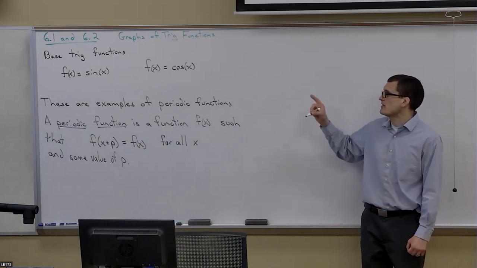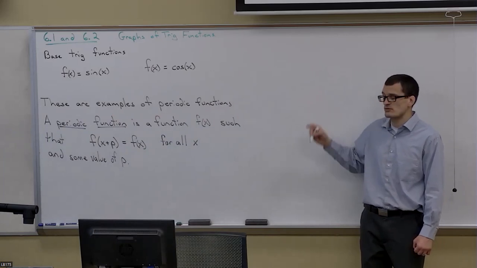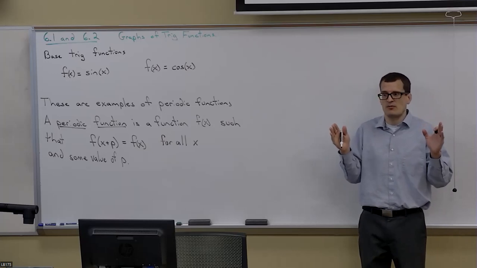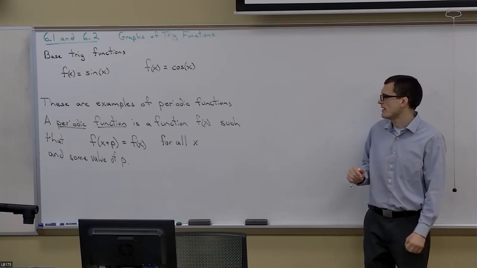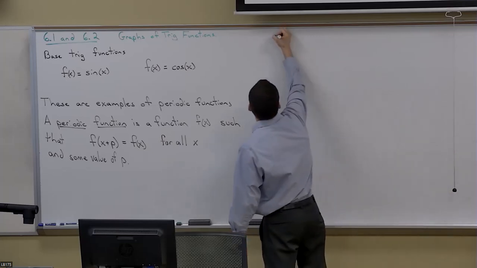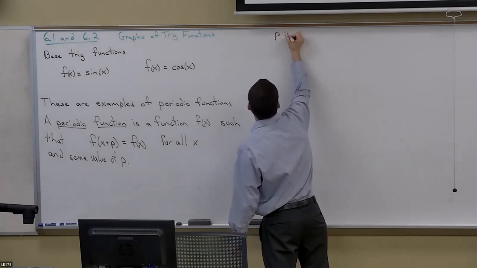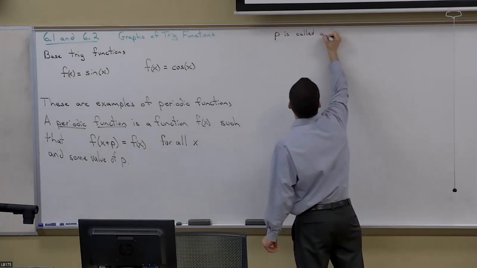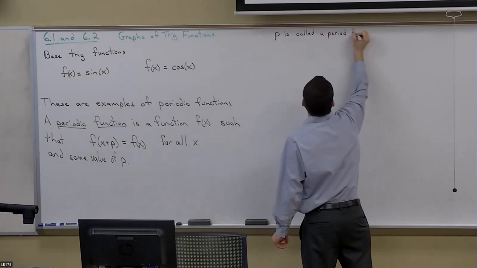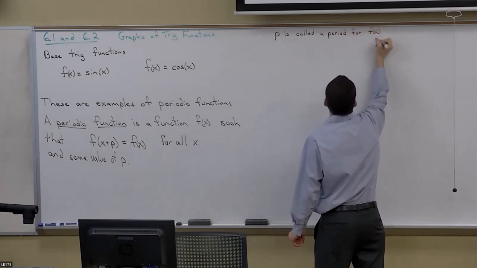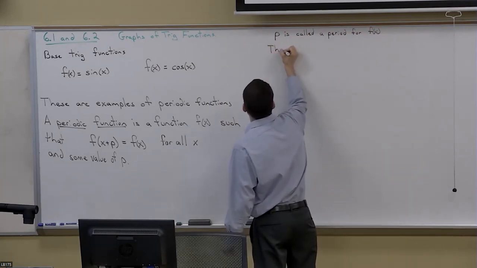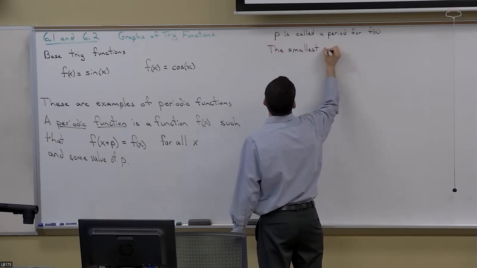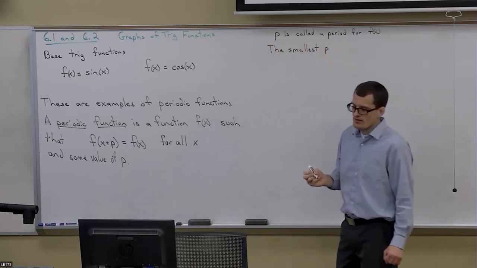And we saw on our graphs of our base functions, f of x equals sine x and f of x equals cosine x, that we have this sine wave, and you can cut a piece of that wave and just repeat it over and over again. p is called the period, and the smallest p is known as the fundamental period.